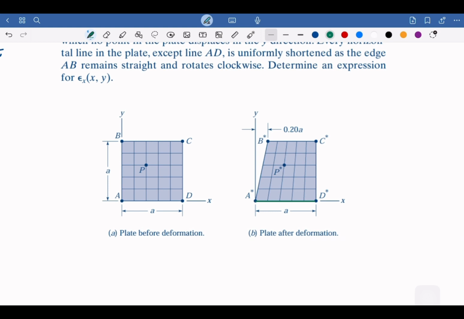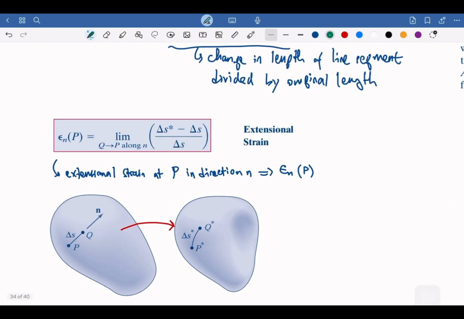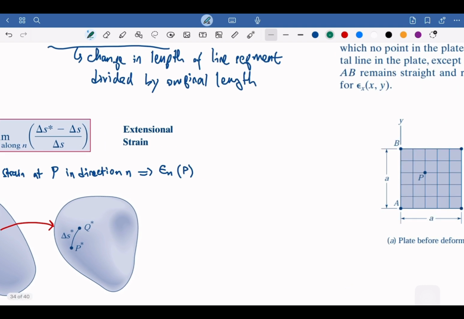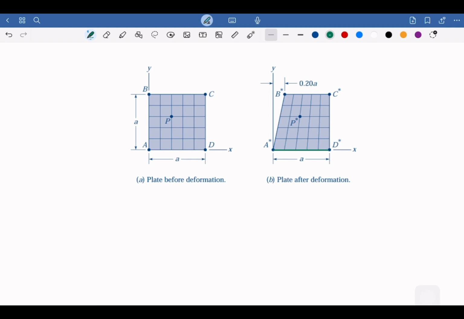Remember that we have the definition for the strain for some direction n. So we could write the same limit equation.